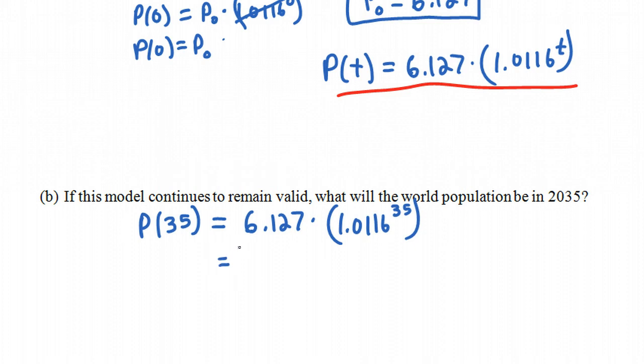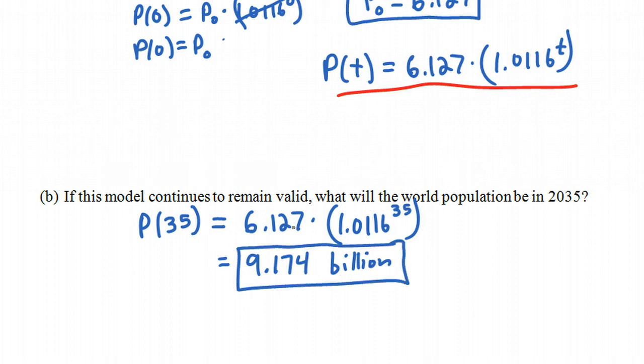I did this on my calculator, so I'm not going to show you the calculation here, but rounding to 3 decimal places, I got 9.174. So what does that mean? Well, that's 9.174 billion people. That is the world population, if this model continues to remain valid, in the year 2035.